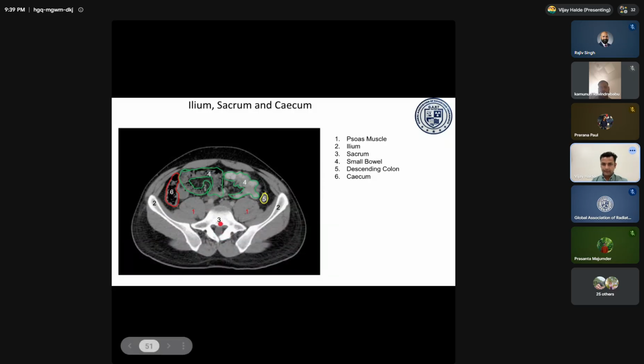So at this level where the ilium is visible, the psoas muscle is clearly seen. This is the cecum, the start of the ascending colon, where from the small bowel to the ascending colon there is a cecum. Sacrum, we are at the pelvic level.